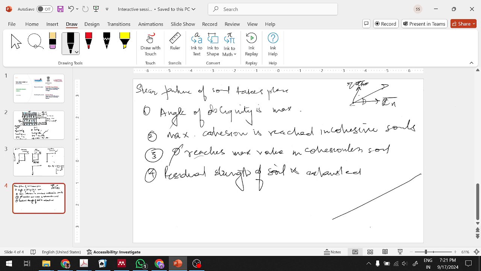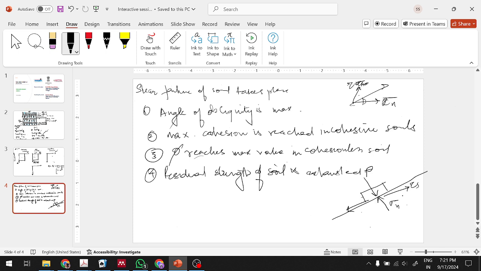When we talk about an inclined force, we have a normal here and movement taking place here. This will be the tangential. For example, we are placing a load P here, there will be a normal stress, and the block is trying to move downward, so there will be a tangential stress.